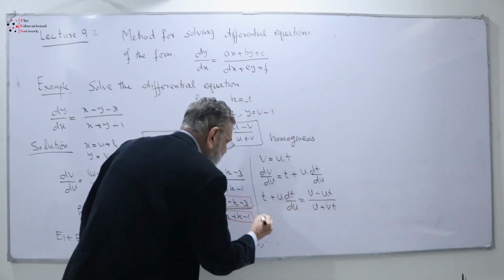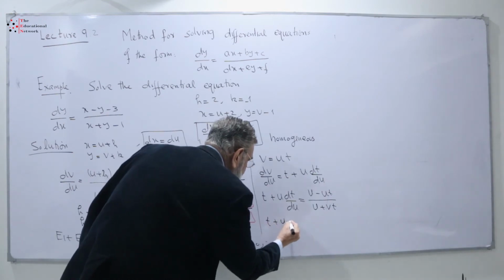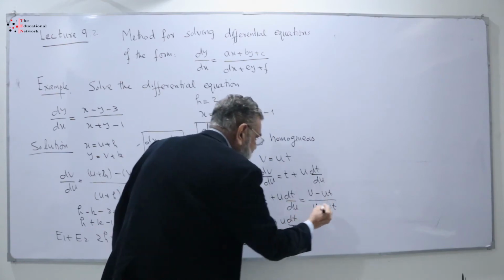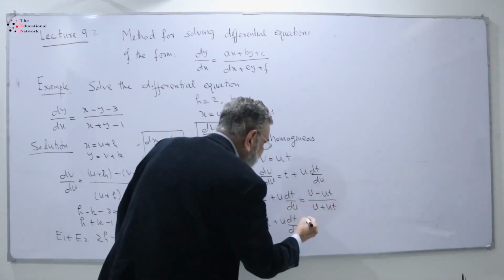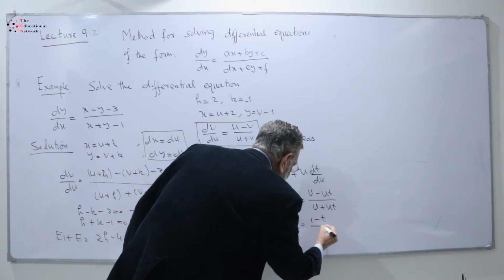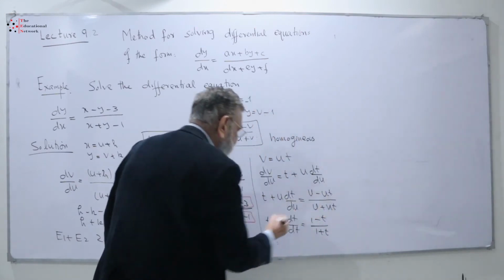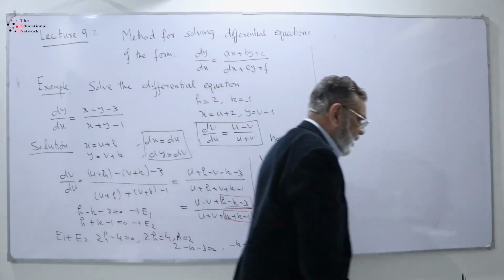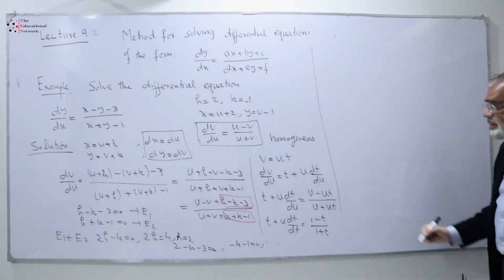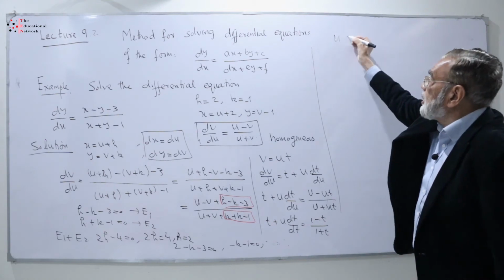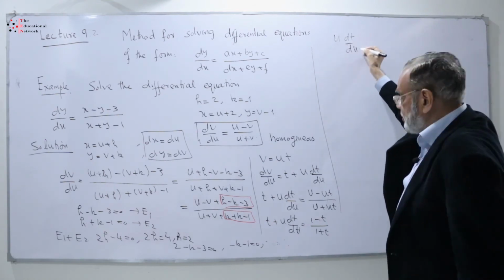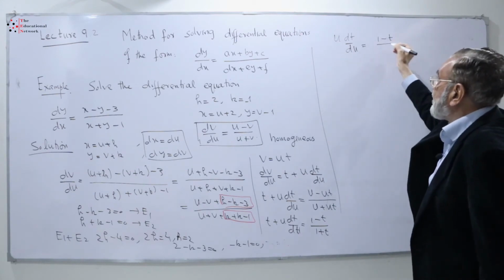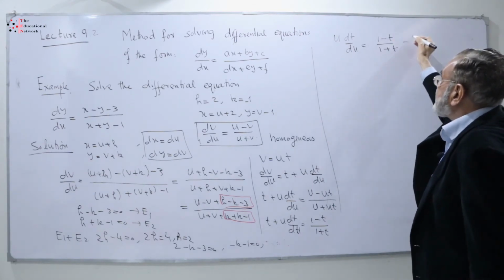We simplify it further. I get t plus u dt by du. I take u common and cancel it. We have 1 minus t over 1 plus t. Then we take this t to the other side. So I can rewrite this as u dt by du is equal to 1 minus t over 1 plus t minus t.